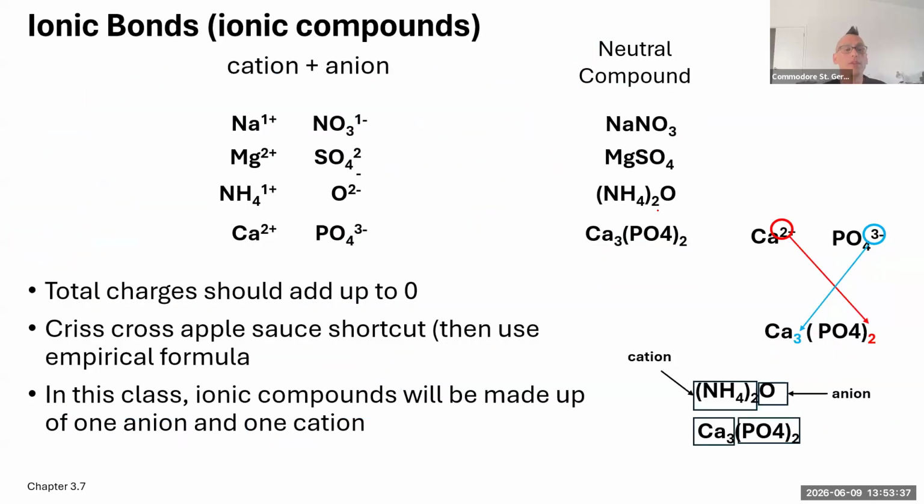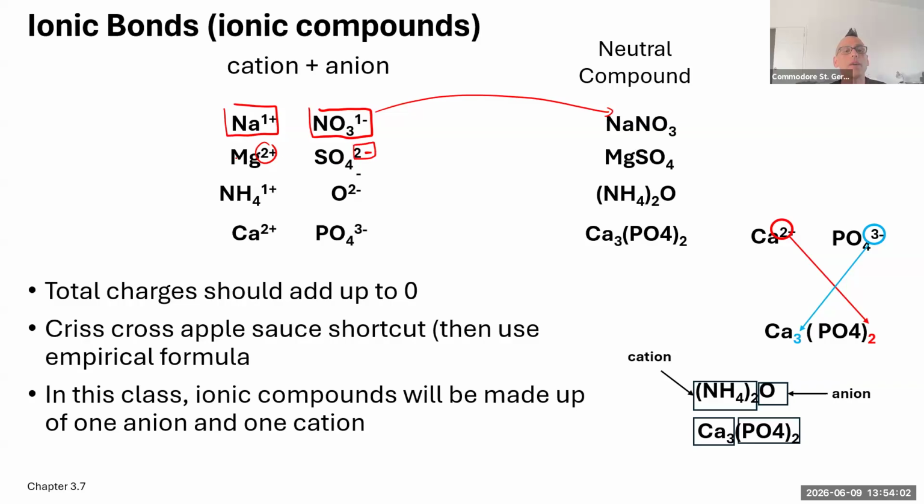So now we can start using what are called polyatomic ions, and we treat them exactly the same way. So we have a 1 plus, we have a 1 minus, and that gives us sodium nitrate, NaNO3. Here we have a 2 plus, and sorry, it's supposed to be a 2 minus there.